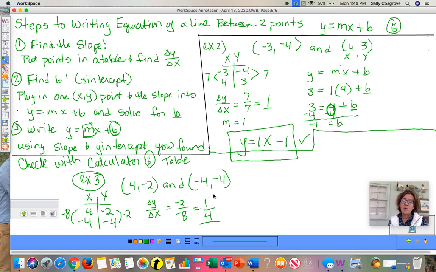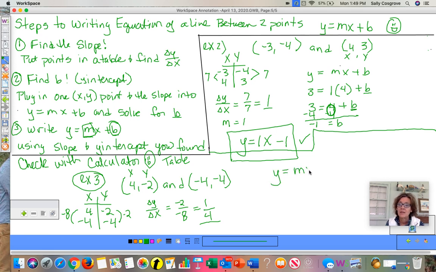Both of these points are on the line. This one has 2 negatives, this one just has 1, so I can't get away from the negative thing. Either point works. Let's pick this one, and remember, this is x and that's y. So let's plug those values in.